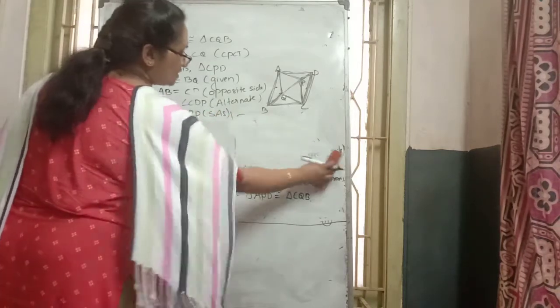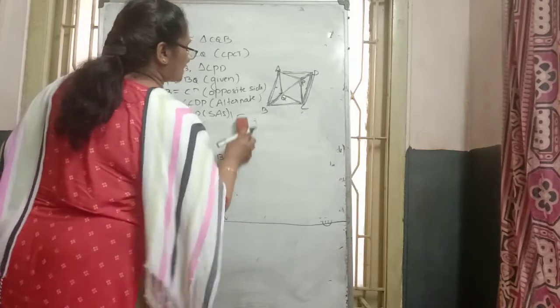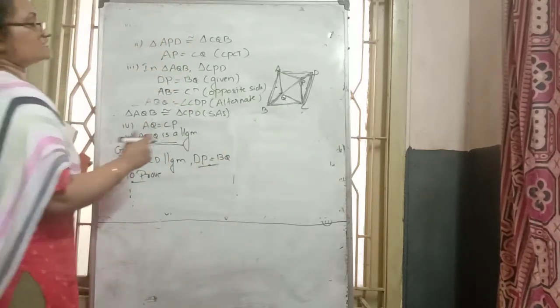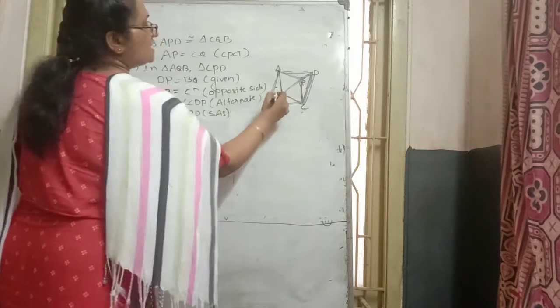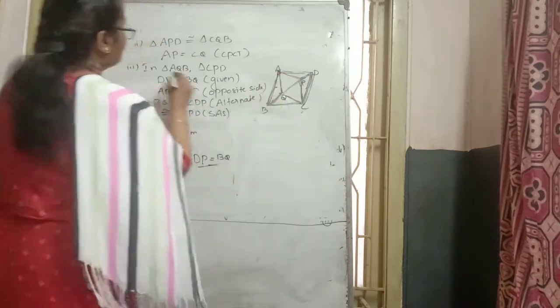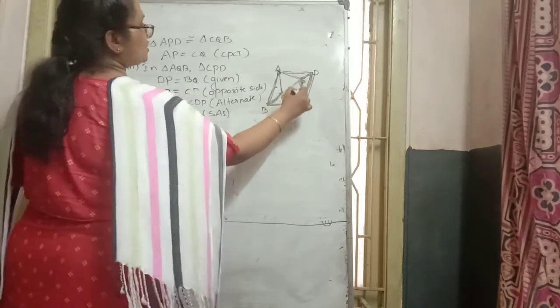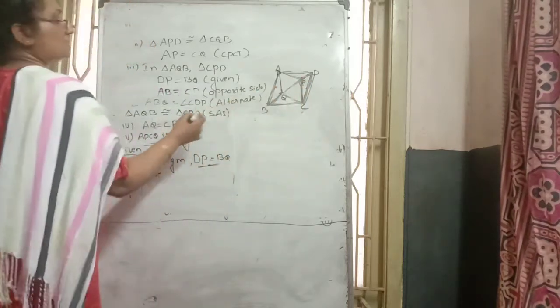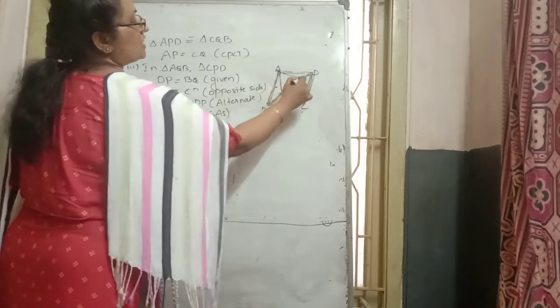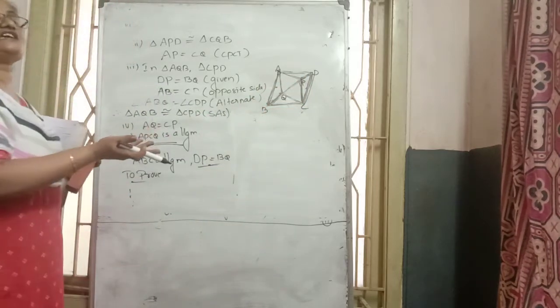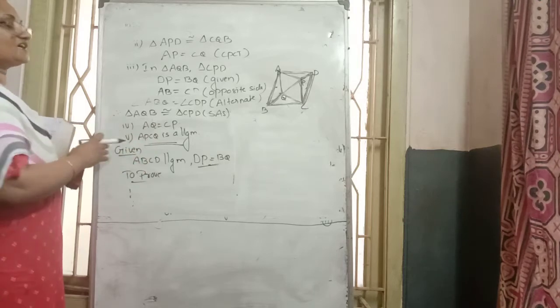That part is also completed. Next, the fourth case. Here AQ is the third side of our required triangle, and CP is also the third side of our required triangle. AQ and CP are the other sides of those two triangles. That's why we can directly write the fourth case.